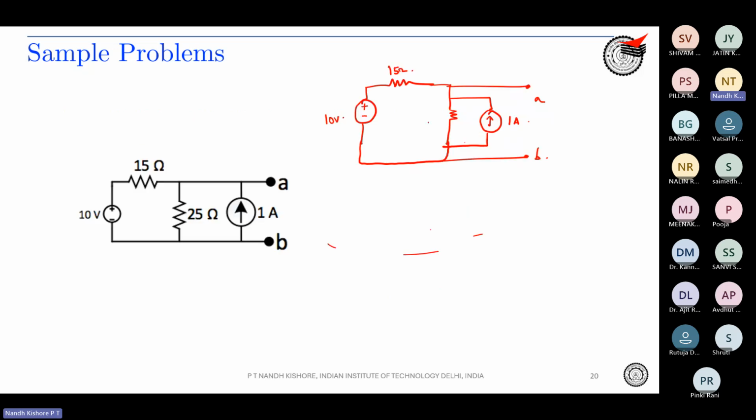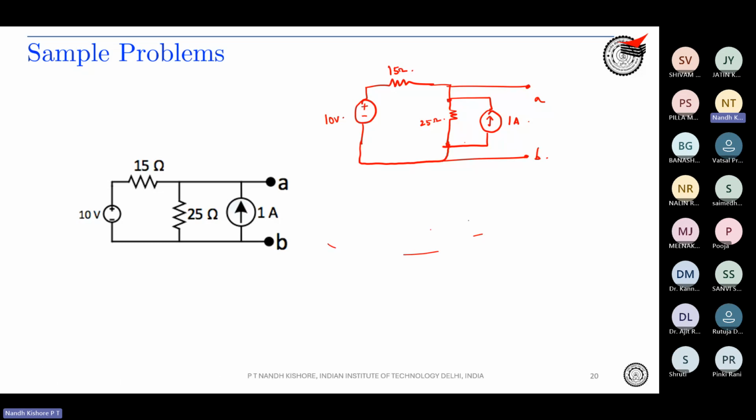This is 25 ohms. You obviously know that this 1 ampere is going to flow only through this 25 ohms. And again, there is going to be a current over here. This and this together is one source.